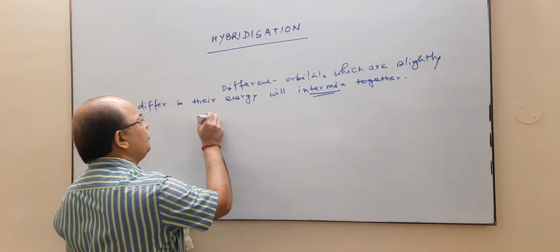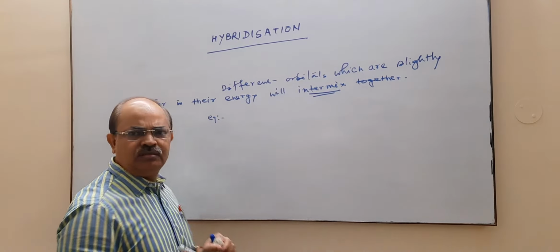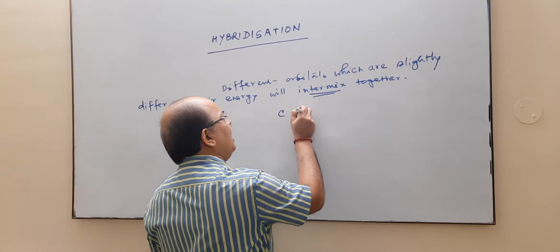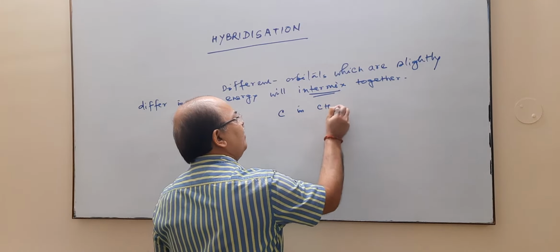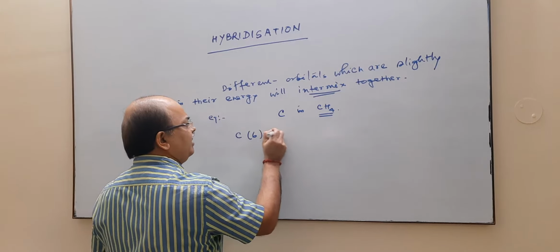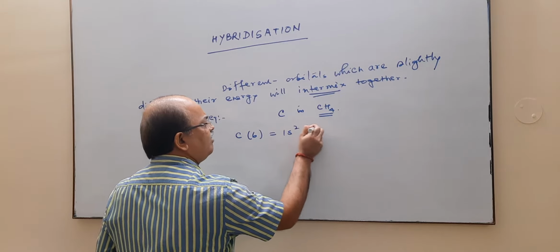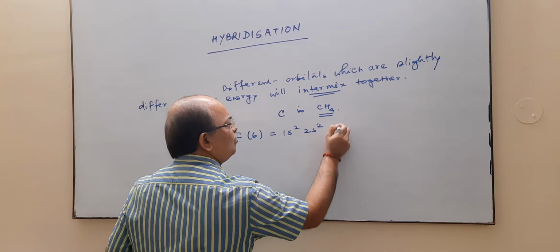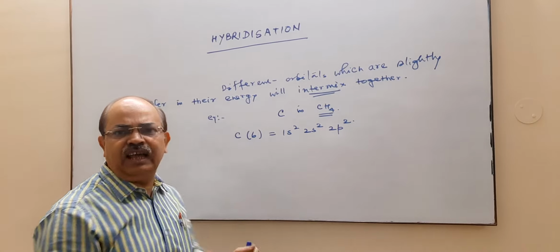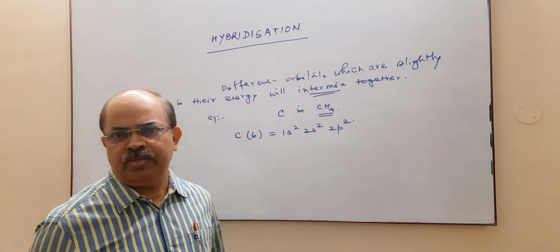For example, take carbon in methane. Carbon atomic number is 6. It is 1s2 2s2 2p2. तो ये मान लीजिए इनका इलेक्ट्रॉनिक कॉन्फ़िगरेशन है.